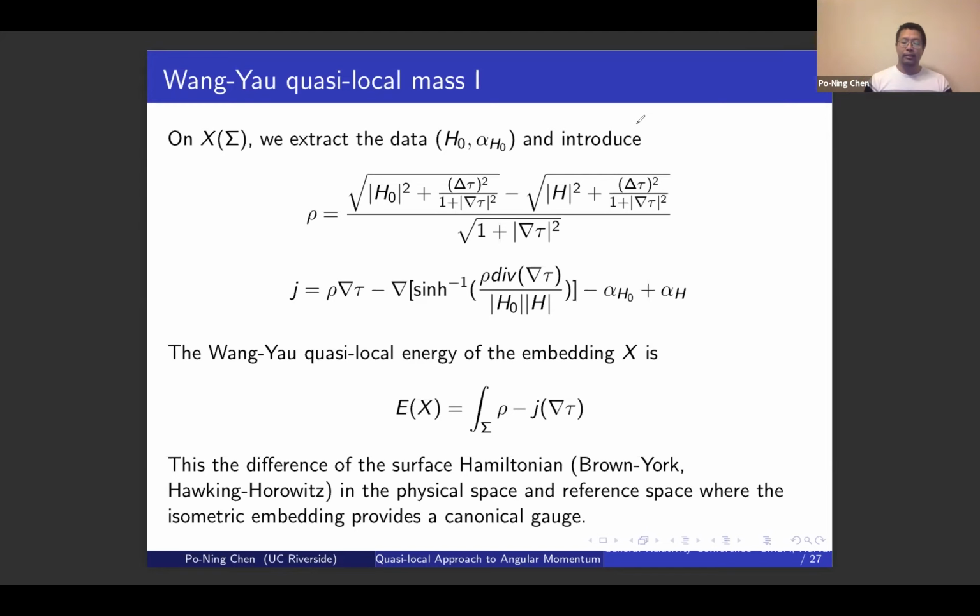One can write down the energy of the surface corresponding to this isometric embedding. And in terms of rho and J, this is rather straightforward: the integral of rho minus J applied to gradient tau. And really minus gradient tau is the tangential part of the time translation d/dt.